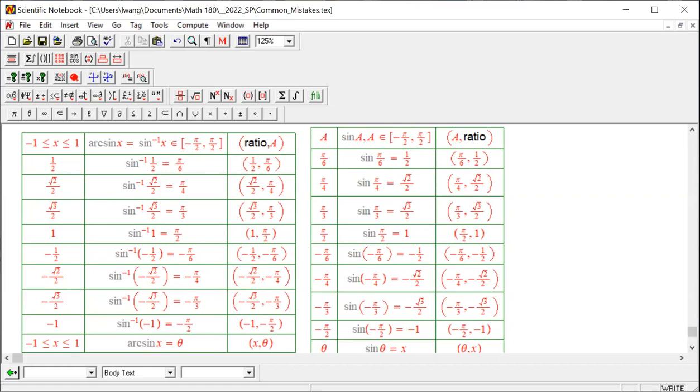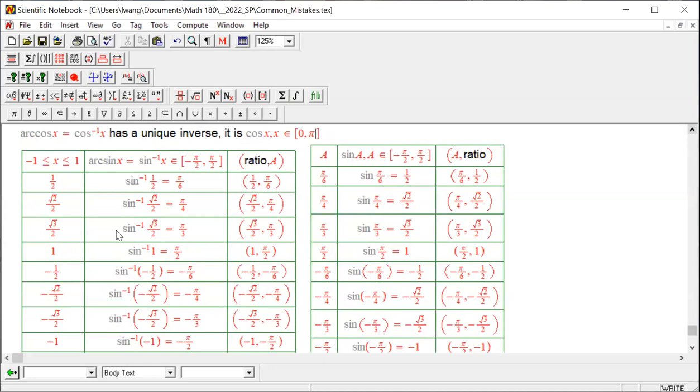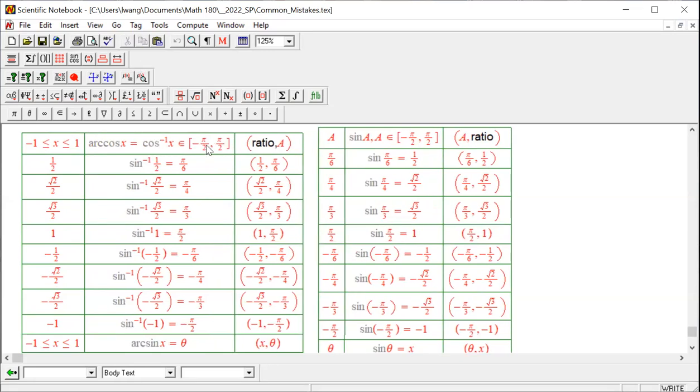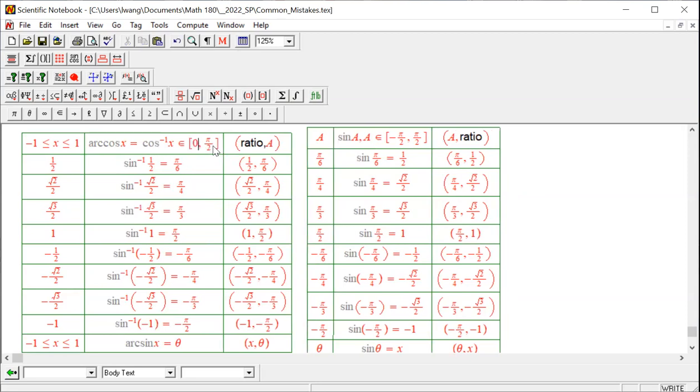The range for arc sine is different, while the range for arc cosine is between 0 to pi, inclusive.